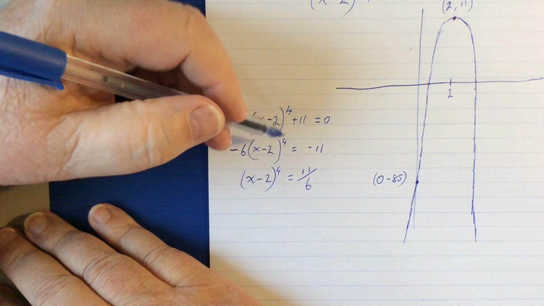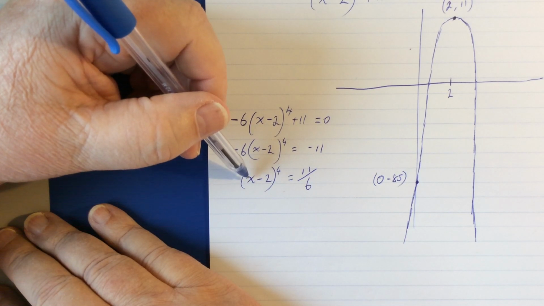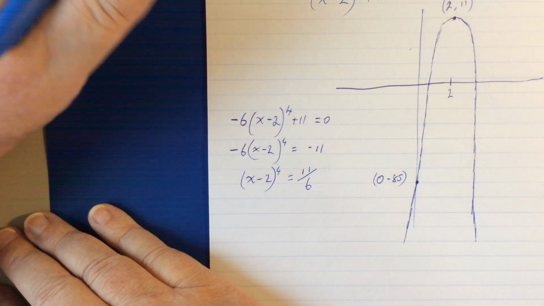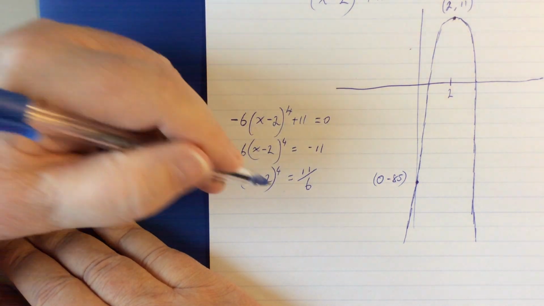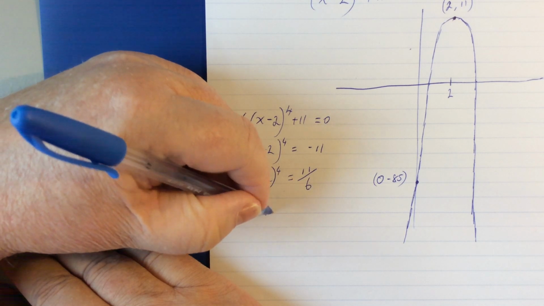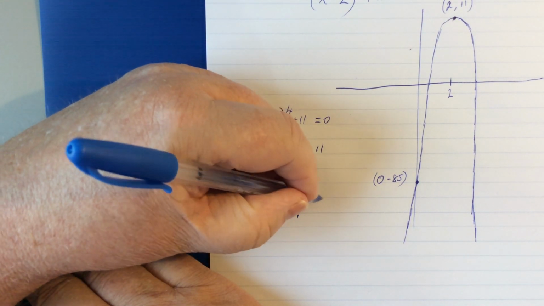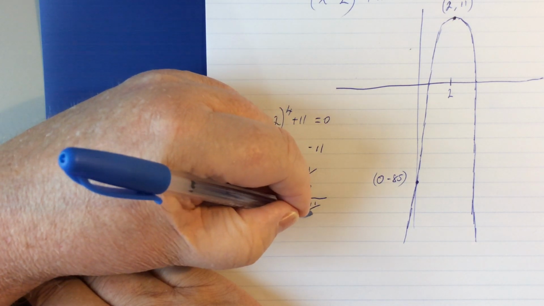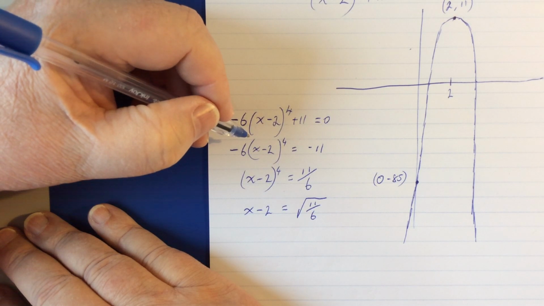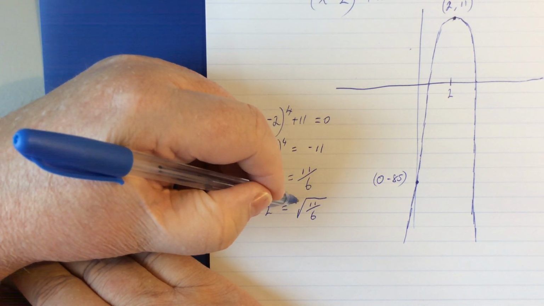That's positive. And oh my, we're going to take the 4th root of each side, and that's really going to be exciting. So x minus 2 is equal to the 4th root of 11 over 6. Now, this can be positive or negative.